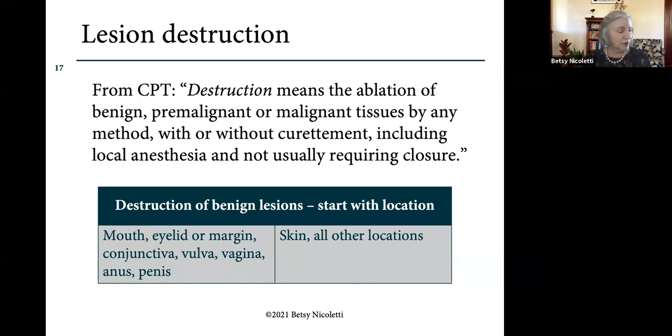So when we're doing a destruction of a benign lesion, we start with location, and there's skin, and then there's what I like to call the sensitive areas. So if you're doing destruction of a benign lesion of the mouth, eyelid or margin, conjunctiva, vulva, vagina, anus, or penis, then we have a different set of codes that we use. And these are listed in detail in the handout.